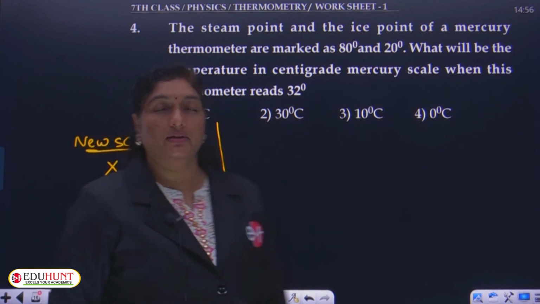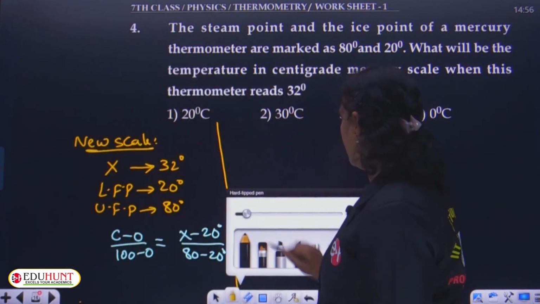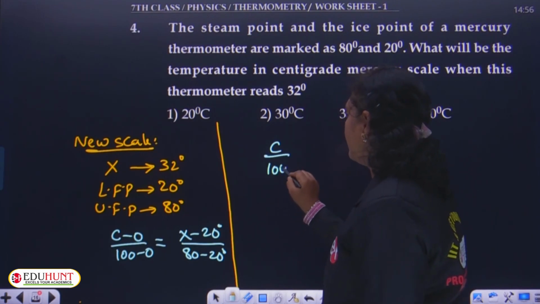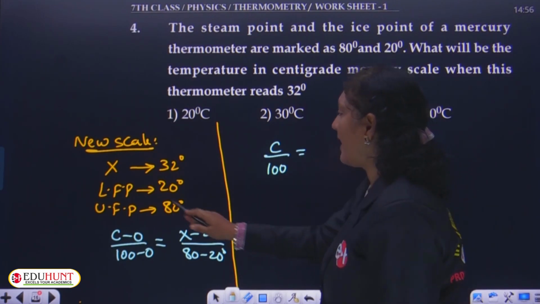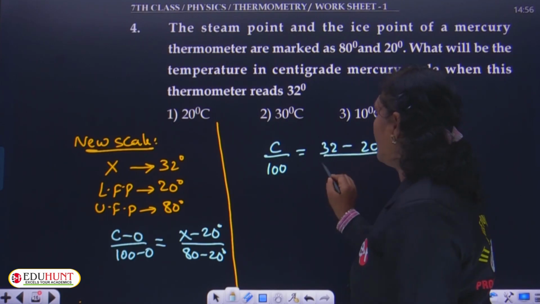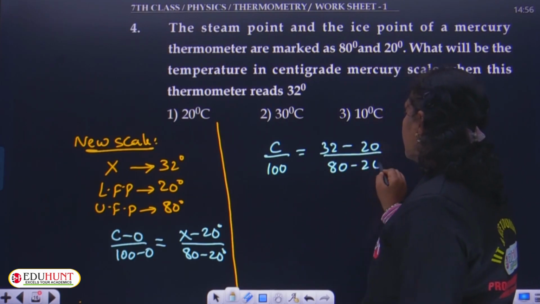Simplifying further, C minus 0 is C upon 100 equals x. The value of x they have given is 32, so 32 minus 20 upon 80 minus 20.